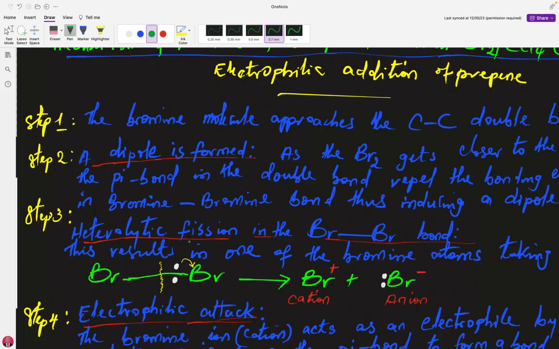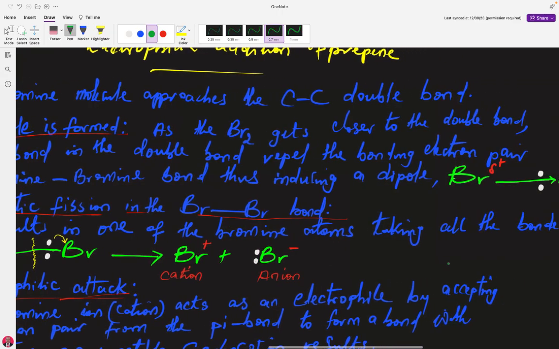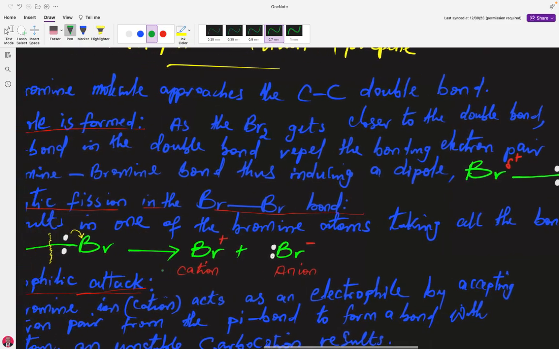The breaking of the bond is unequal. How does this occur? This results in one of the bromine atoms taking all the bonding electrons. Full stop.